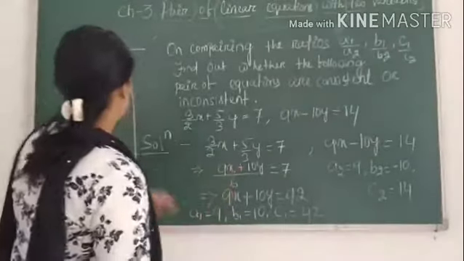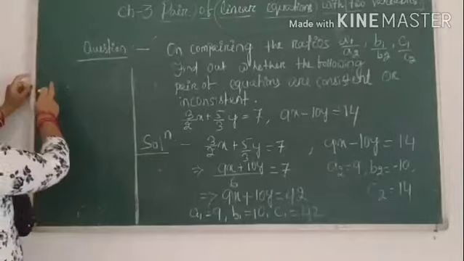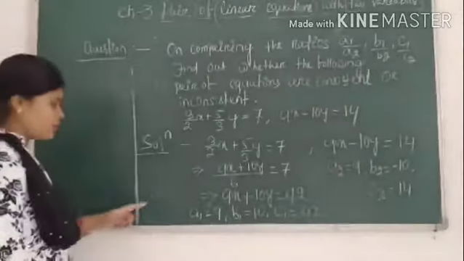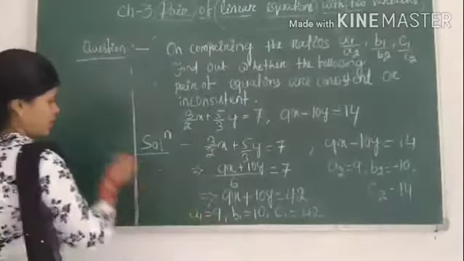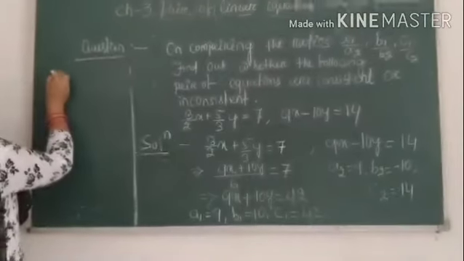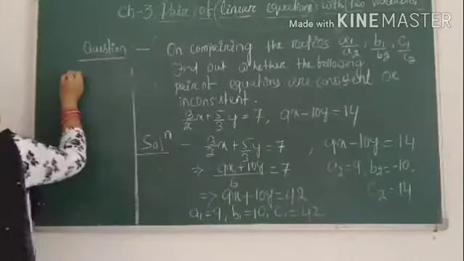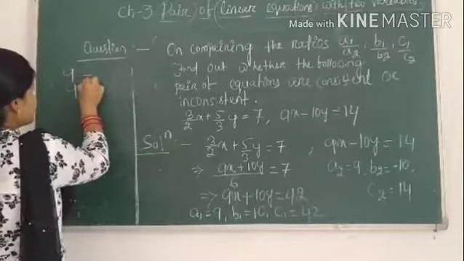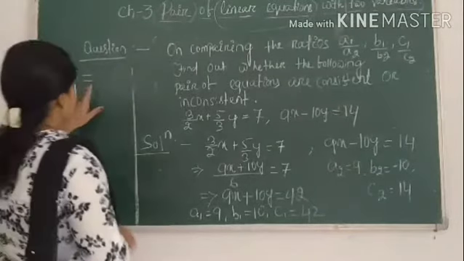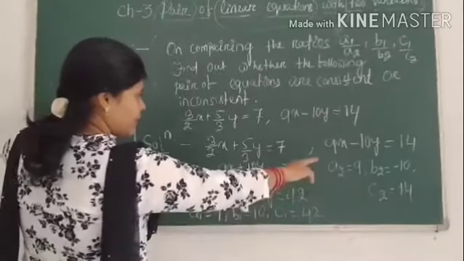So after that you have to find out A1 by A2 and B1 by B2. Here I am going to write A1 by A2. So here A1 is your 9, A2 is your 9. So 9 by 9 is equal to B1 by B2.